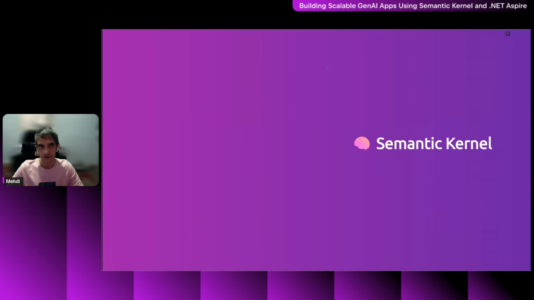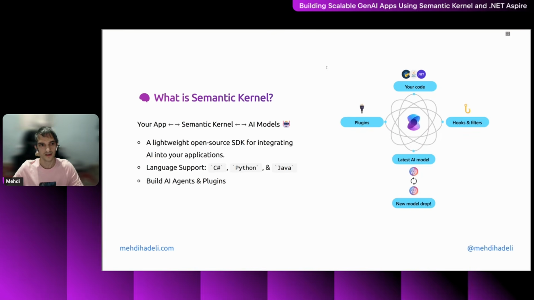Semantic Kernel. What is Semantic Kernel? Semantic Kernel is actually like a middleware between your application and AI models. It's a lightweight, open source SDK from Microsoft, developed for different languages like C#, Python, and Java.